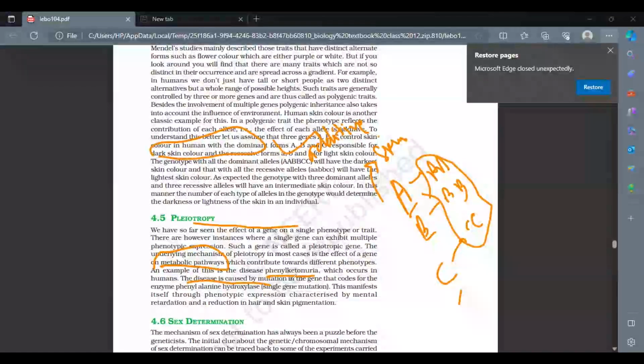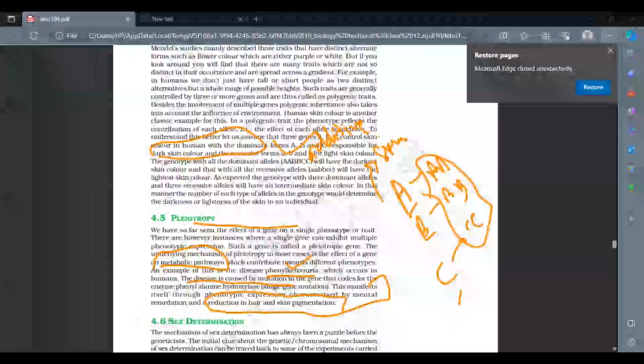The disease is caused by the mutation of one gene that codes for the enzyme phenylalanine hydroxylase. But this is going to manifest the reduction in the hair and skin pigmentation also. So one disease is causing some other effects also.